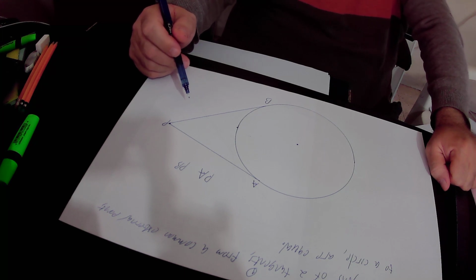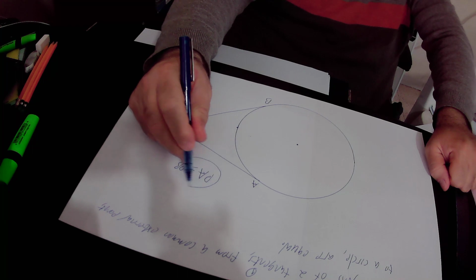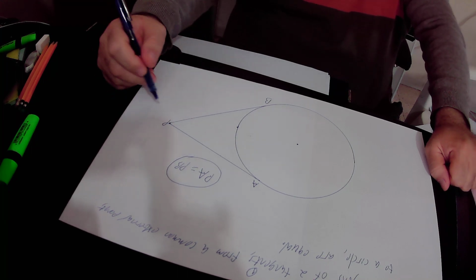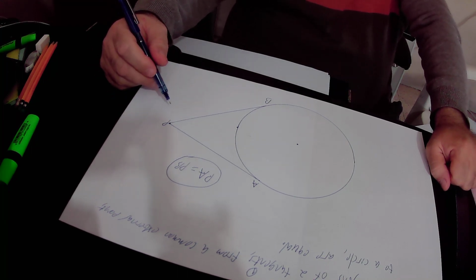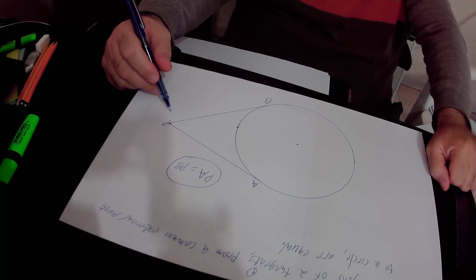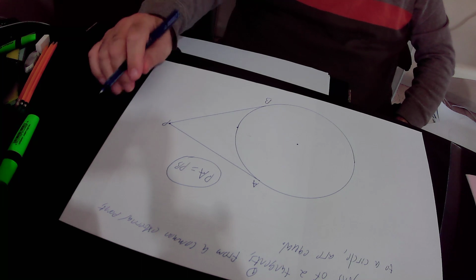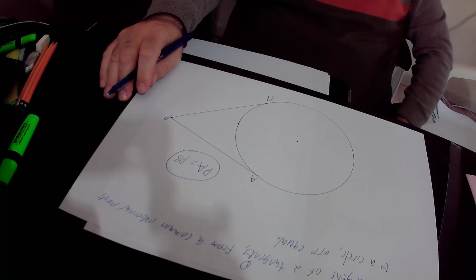That is to say, PA is equal to PB. So whenever you draw two tangents to a circle from a common external point, like in this drawing, the lengths of those two tangents will be equal to each other. In this case, PA equals PB. Okay?